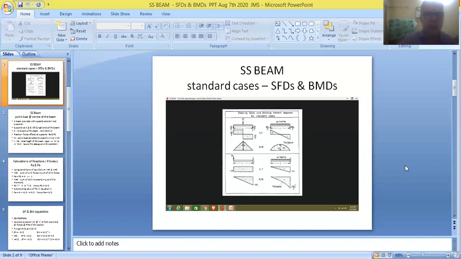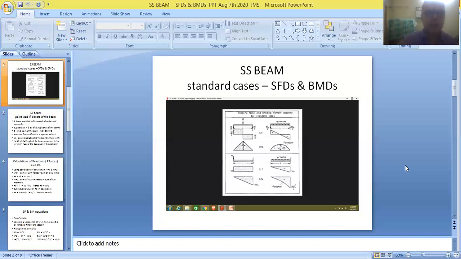So therefore, the whole diagram is coming above the baseline of the BM diagram. In some cases we have some negative values and some positive values, so a part of the diagram comes below the baseline and a part comes above the baseline. But here we have only positive values so far as bending moment is concerned.